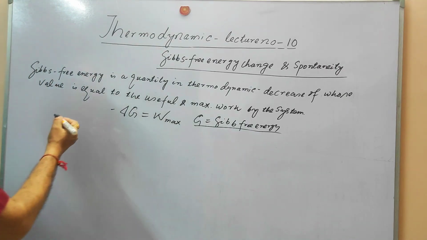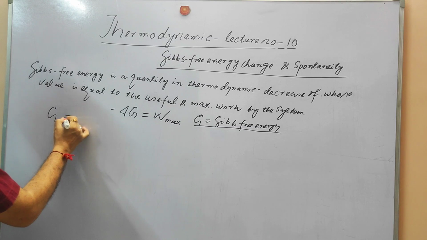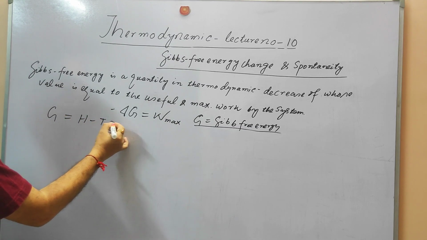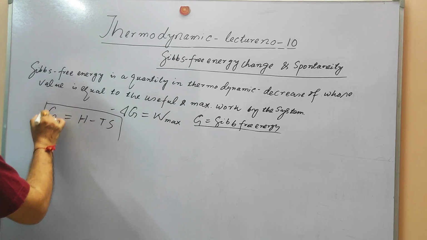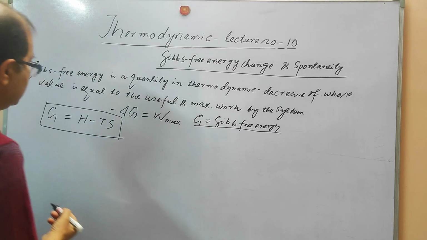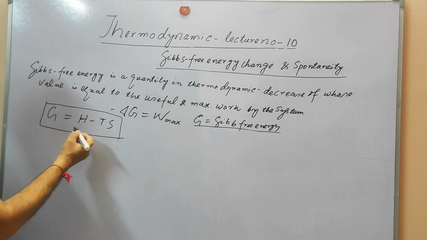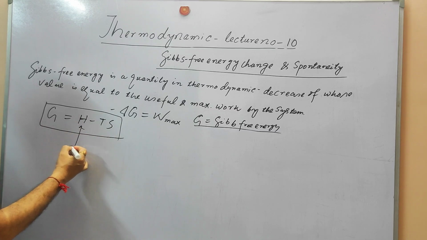Understand? So Gibbs free energy is mathematically expressed by the equation G equals H minus TS. It is the Gibbs function. In this you can see H, T and S. As you know, H, the enthalpy, is a state function.